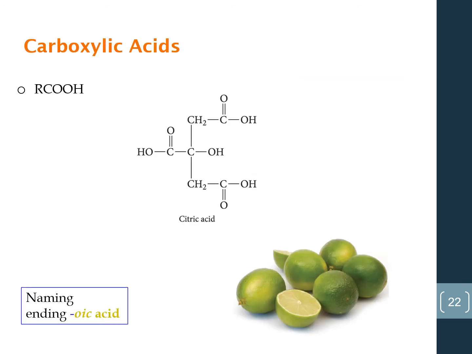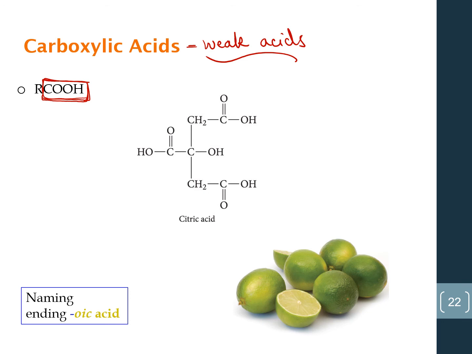Another functional group is carboxylic acids. So this is a way of representing a carboxylic acid, and you already know some things about carboxylic acids because carboxylic acids are weak acids. Whenever we talk about acetic acid being a weak acid, what you have for acetic acid is a carboxylic acid.